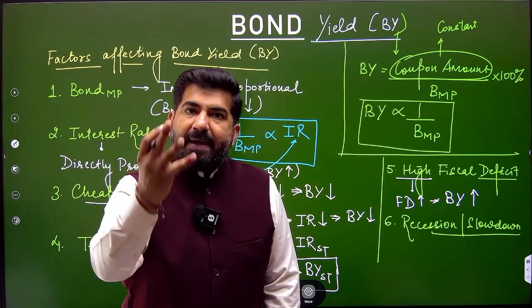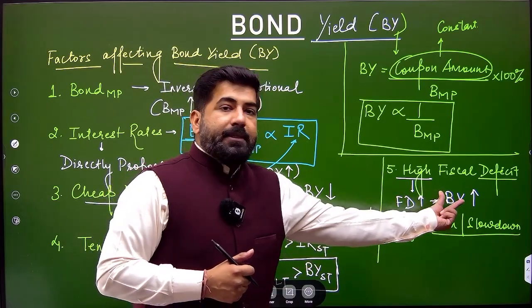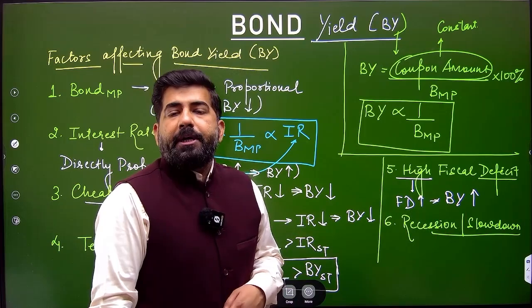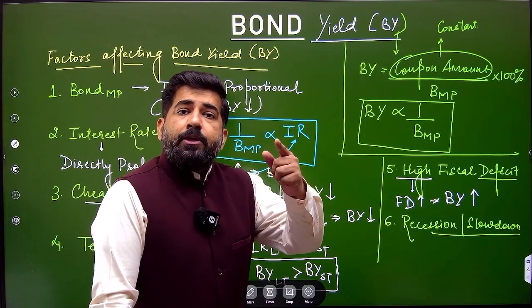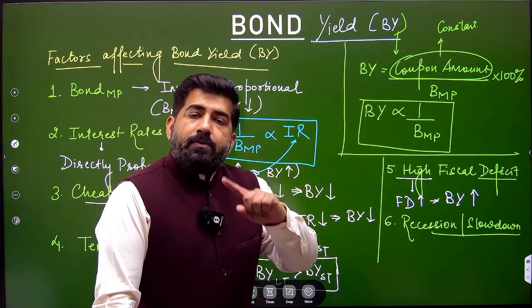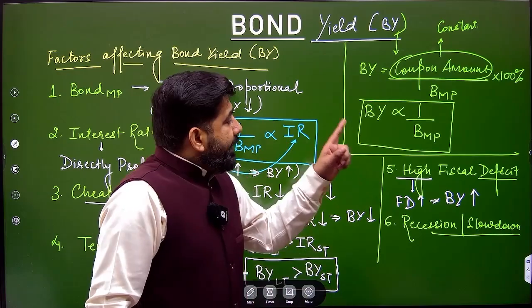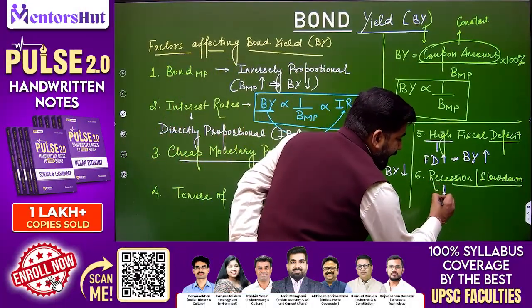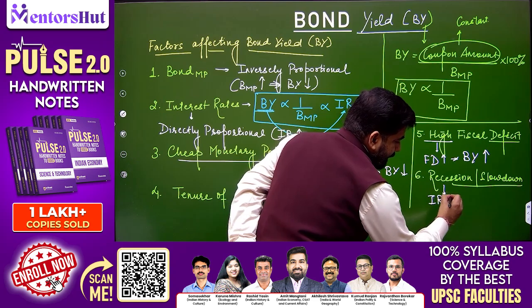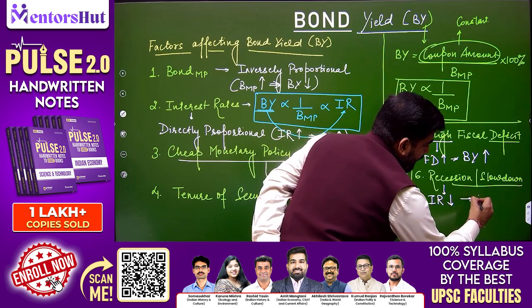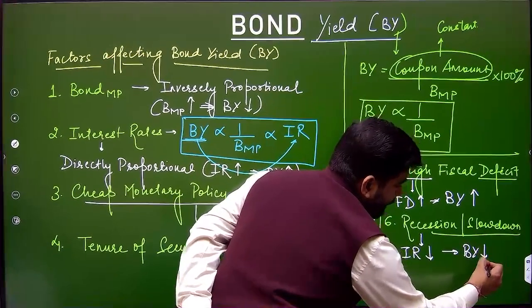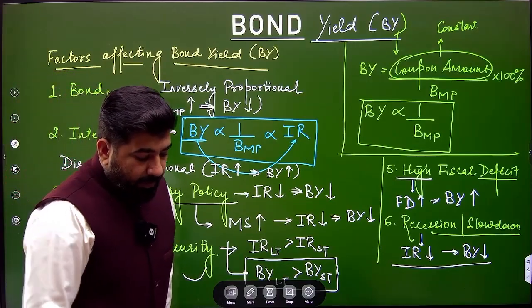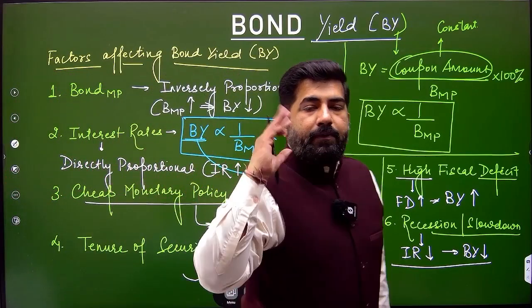You will go for expansionary policy. So you are going to reduce the interest rate. When you reduce the interest rate, the bond yield will also be reduced. Yes or no?